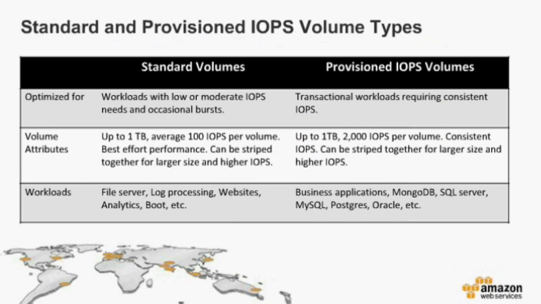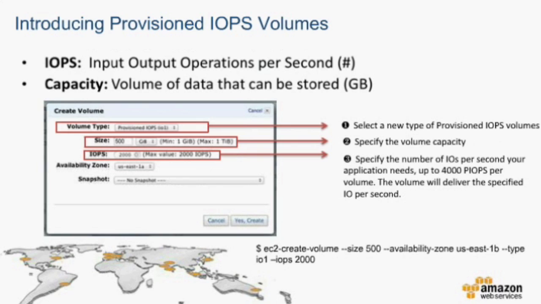So provisioned IOPS volumes allow a pair of choices when you design and deliver that volume. First, just like standard EBS, you pick the amount of storage that's available in 1 gigabyte increments all the way up to a terabyte. And then you pick the number of IOs per second, or IOPS, that storage volume can do.